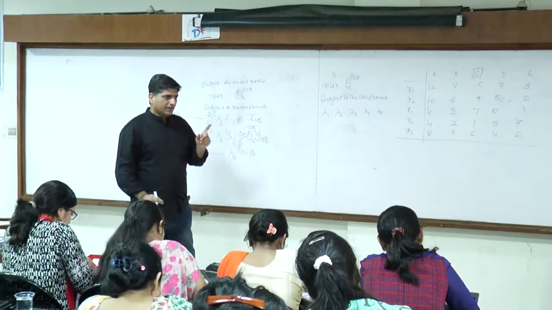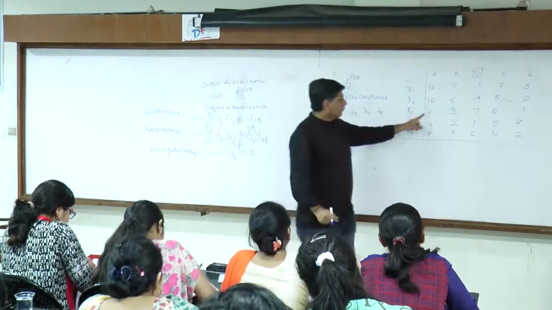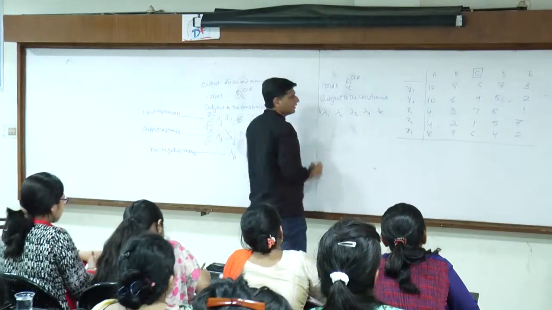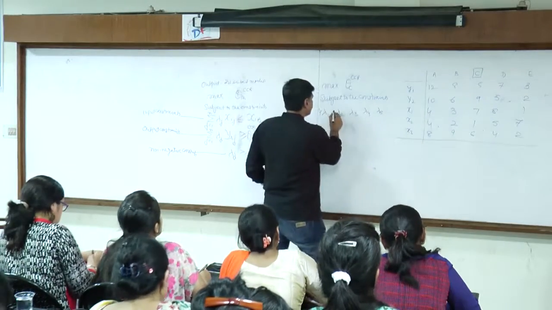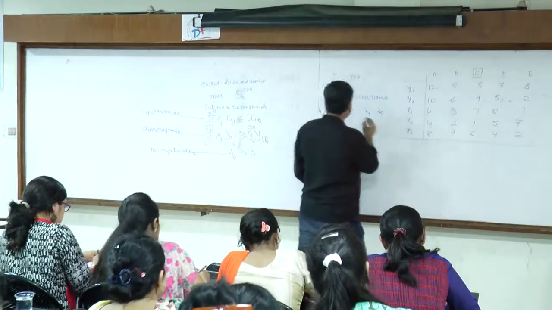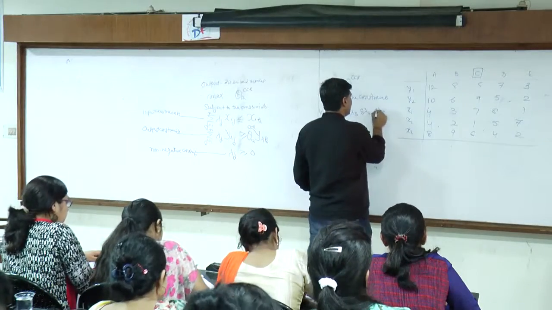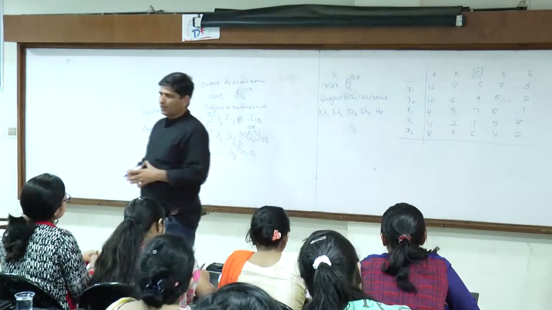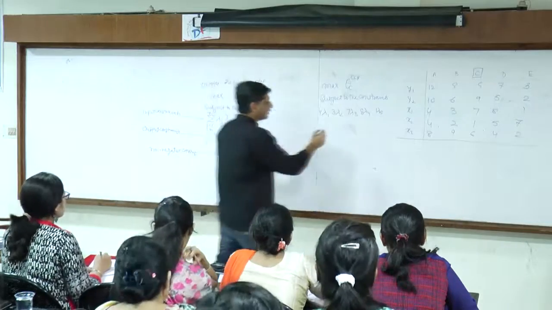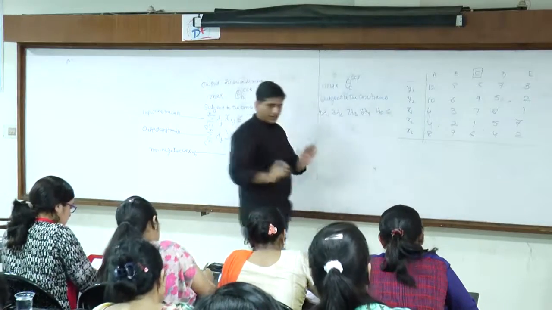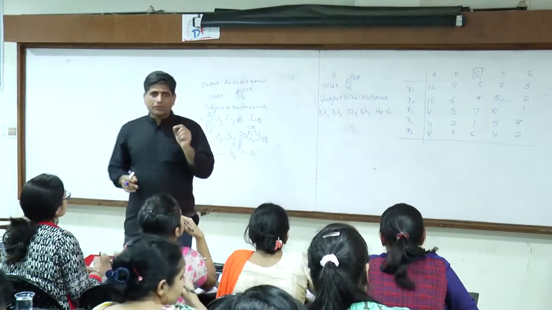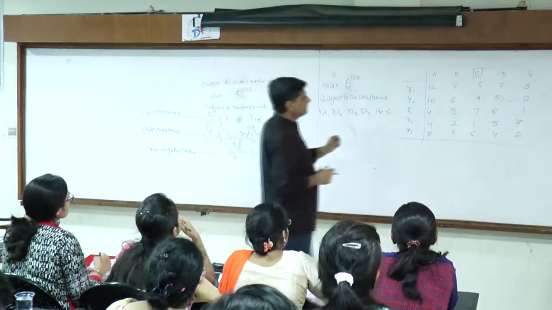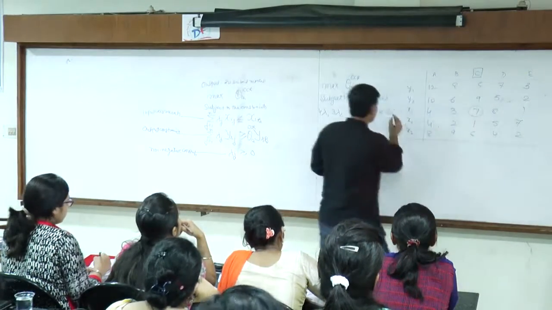Therefore, I will write lambda 1, lambda 2, lambda 3, lambda 4, and lambda 5. Then the input quantity: first input quantity for the first firm 4, then second firm 3, then 7, then 8 and 1. Then less than or equal to sign. What is the input quantity used by the C firm? 7.